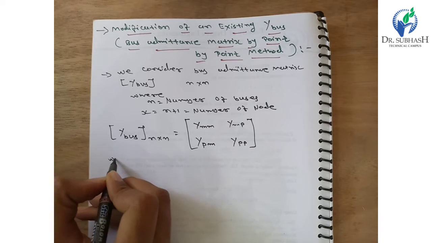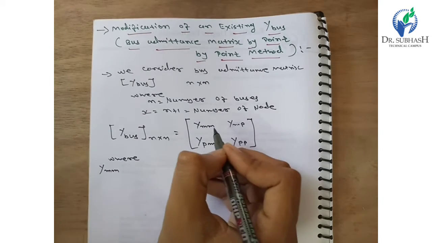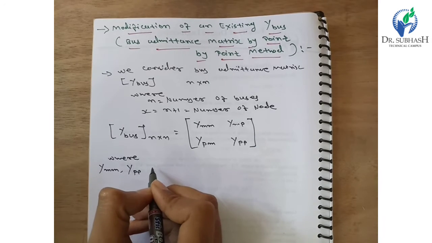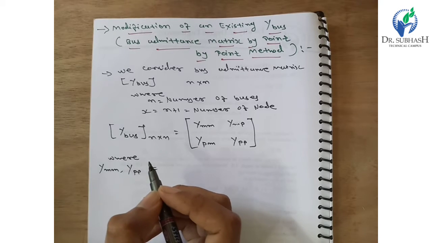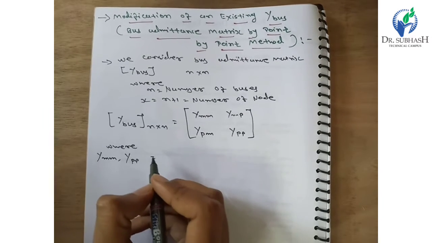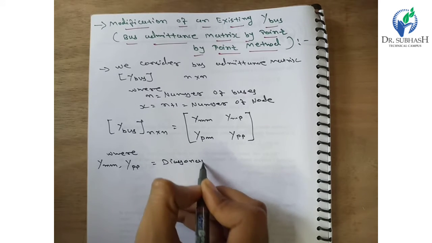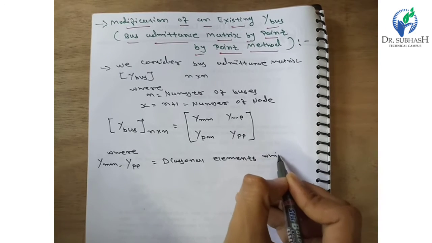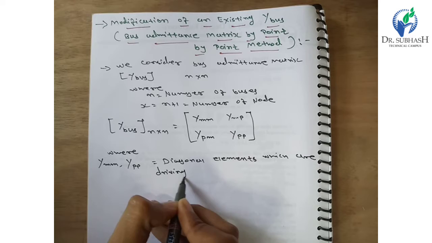Here, the values Y mm and Y pp are the diagonal elements, which are the driving point admittances of the mth and pth node respectively.